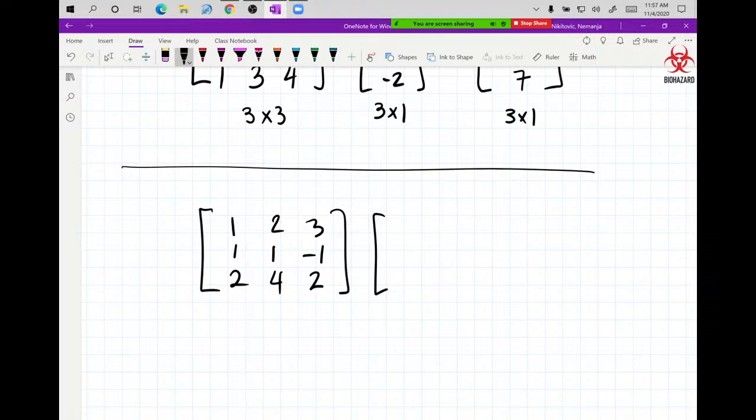And all of that times x, y, z, and all of that equal to, I don't know, 19, 6, and 4, whatever. What you see here is a system of 3 equations with 3 unknowns written in matrix form.